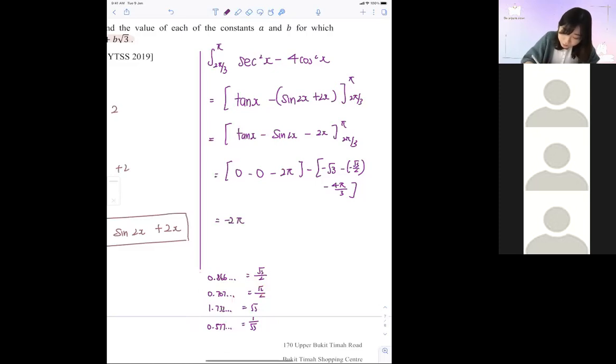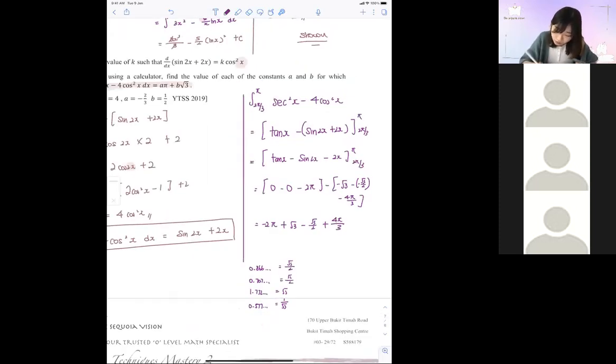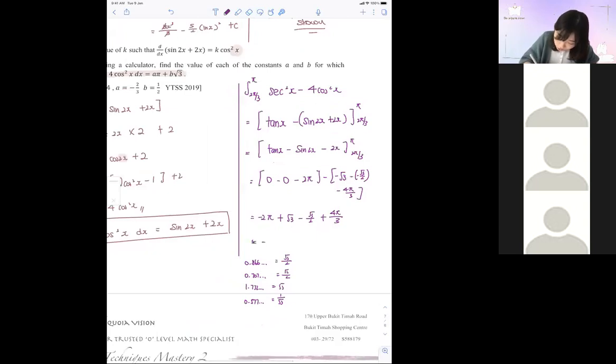Minus 2 pi plus square root 3 minus square root 3 over 2 plus 4 pi over 3. Okay, then we have minus 2 over 3 pi minus square root 3 plus square root 3 over 2. So we can split it. Okay, I found my A term.